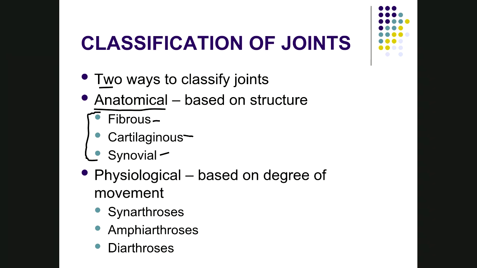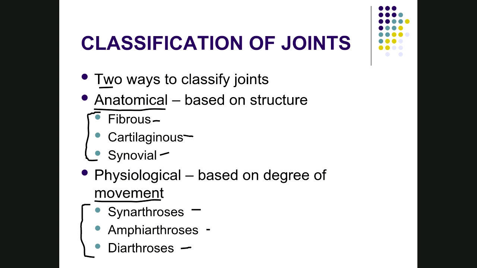But there's another way to classify them too, and that's based on physiology. Remember, physiology is about function, and the main function is mobility. So a physiological classification is based on how much movement there is at each joint. And again, we're going to have three: synarthroses, amphiarthroses, and diarthroses. Arthro means joint, like an arthropod.